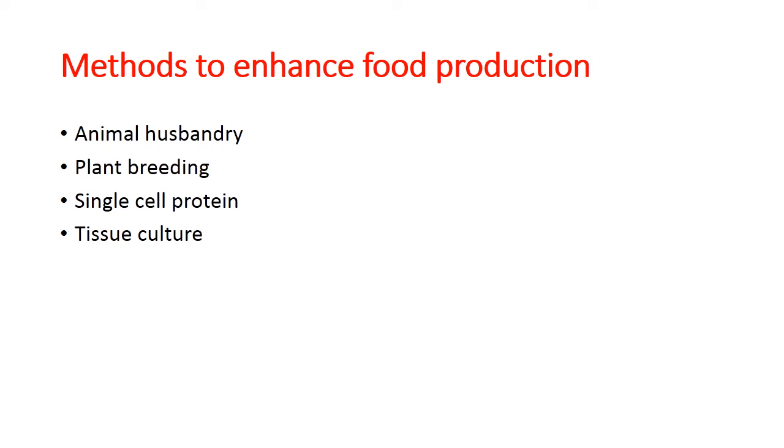That means they will take any cell or tissue from the plant, and it is cultured under laboratory conditions, so that in a short period of time a single cell or tissue will give rise to multiple plantlets. So this is possible under the tissue culture method, and we will be studying that in this lesson. So these are all the few methods used to increase food production.